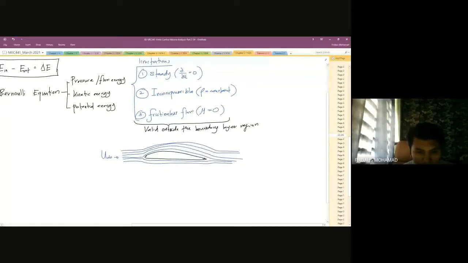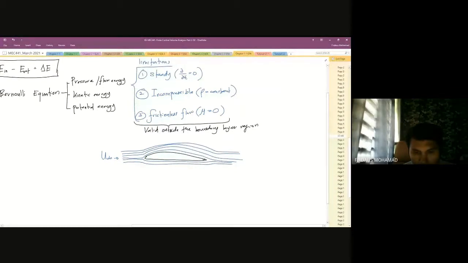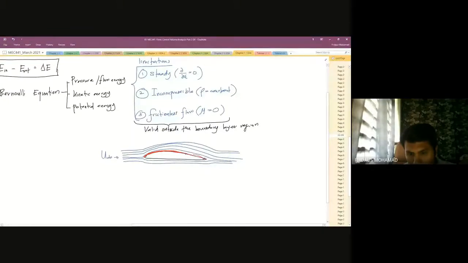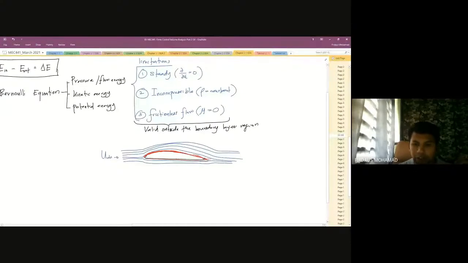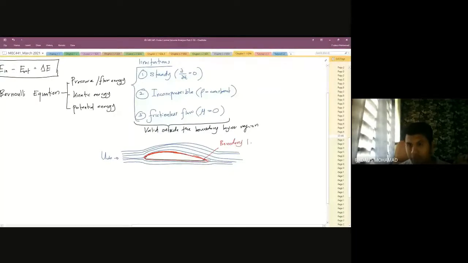So here, the red color that I drew, this is where we describe the boundary layer region.